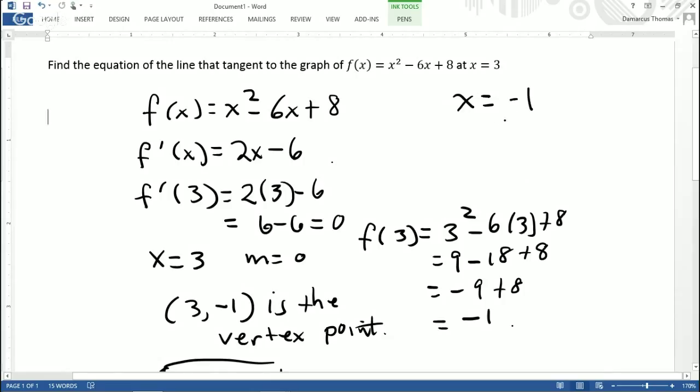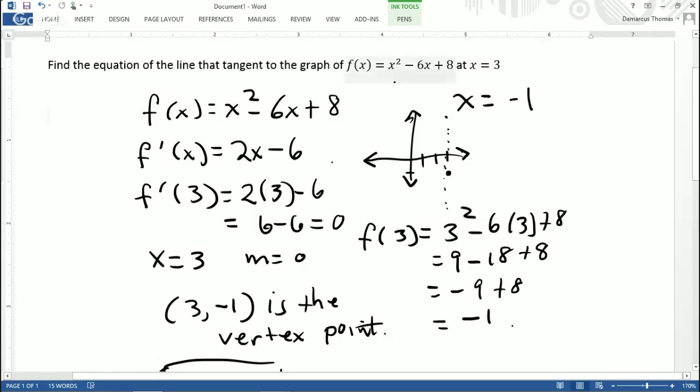What would be the slope of that tangent line when x is negative 1? It should be fairly negative, since we know that our graph has a vertex point at 3 comma negative 1, and that's the turning point. And these parabolas are symmetrical. And so at 3 and negative 1, we're here. And that's also the axis of symmetry.